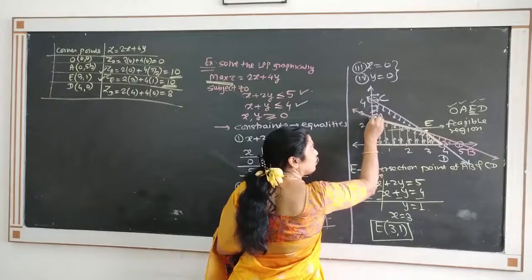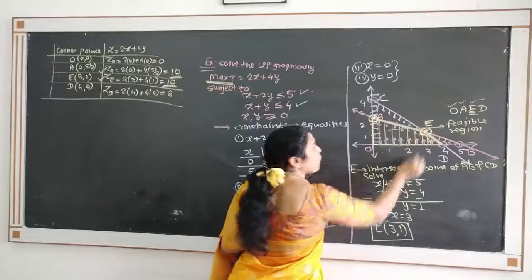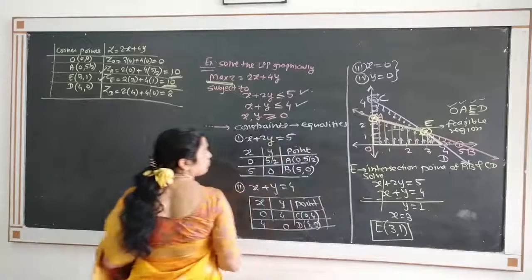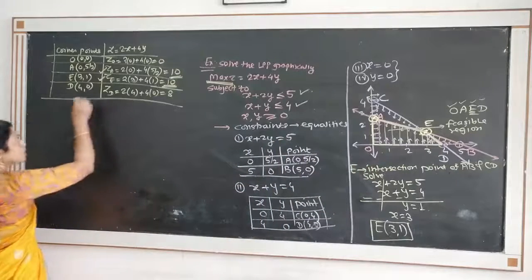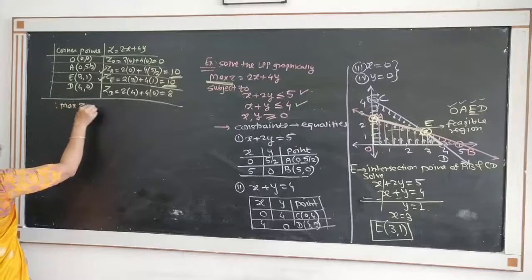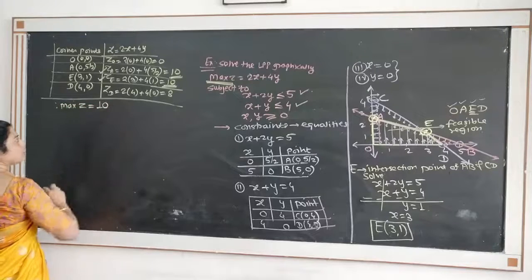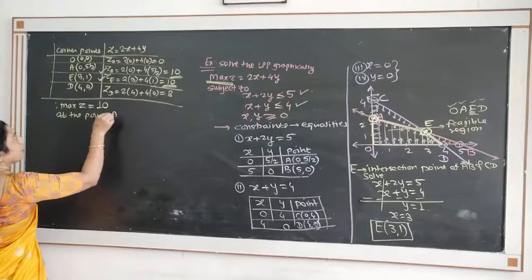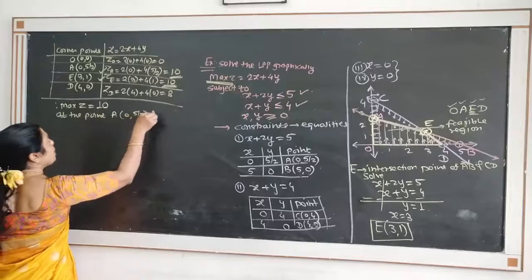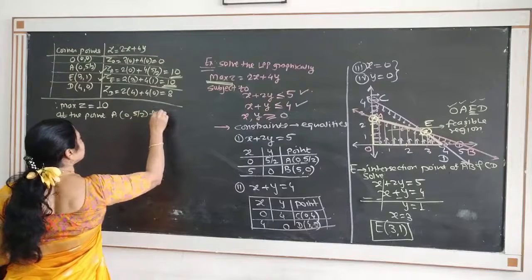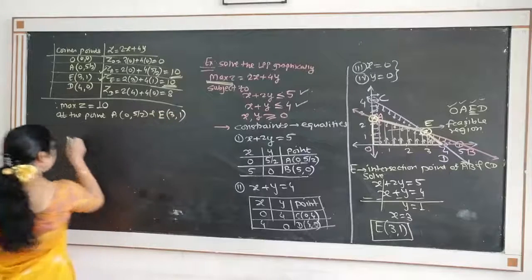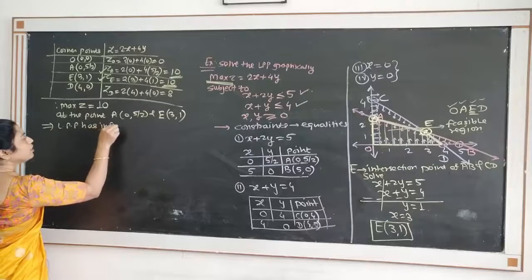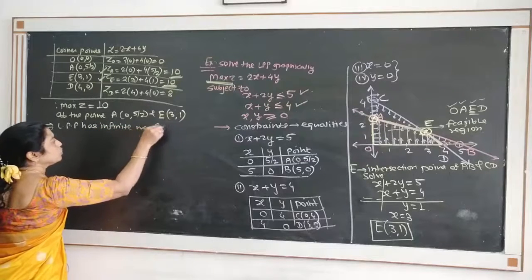Means that the maximum value of Z occurs at more than 1 point, and therefore the answer of the LPP is: maximum Z value is 10 and at the points A (0, 5/2) and E (3, 1). Means that LPP has infinite number of solutions.